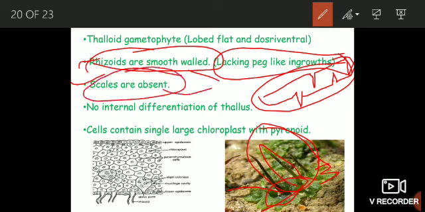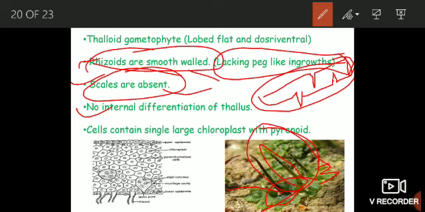In Hepaticopsida, you have seen that there are multicellular scales, but these scales are entirely absent in Anthocerotopsida. And one more distinguishing feature of this class is that the thallus has not been differentiated.